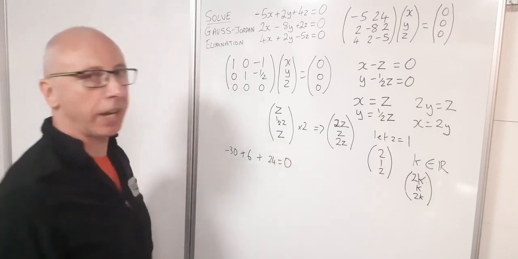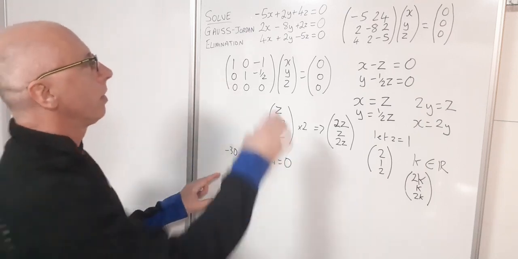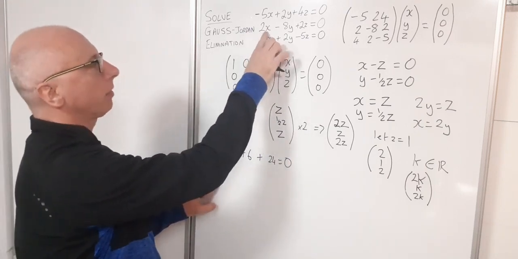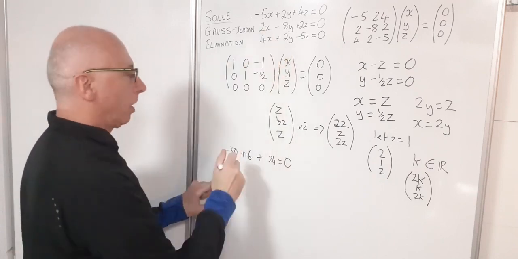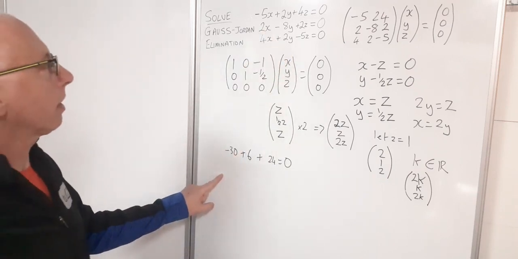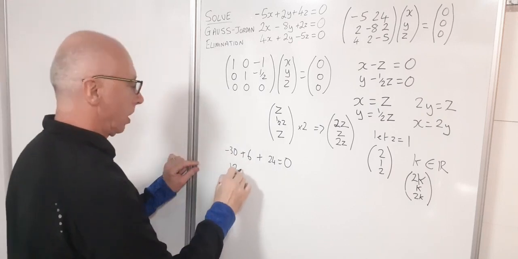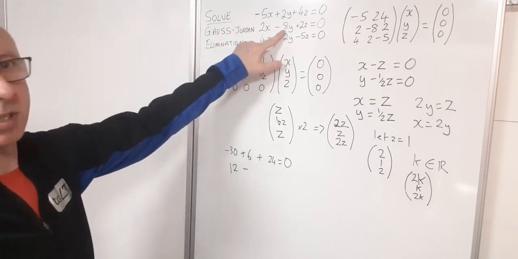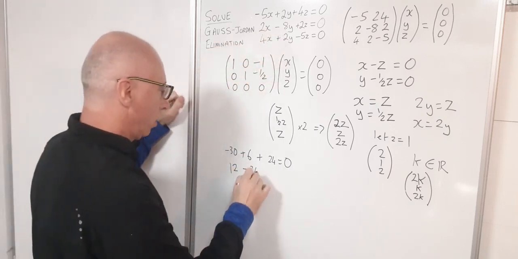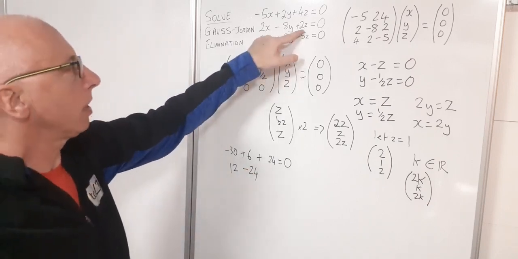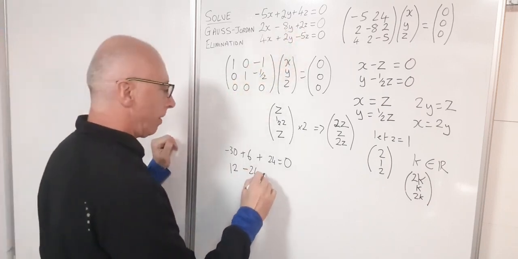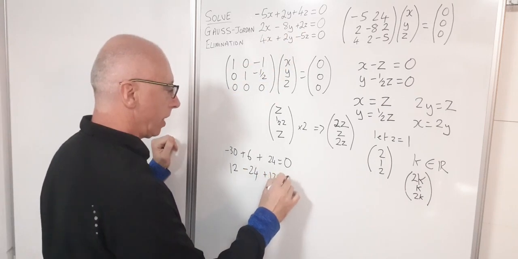And hey presto, that equals 0. So for this one, I'm going to use 6 for x. So if x is 6, I've got 12. If x is 6, then y is 3, so that's minus 24. And again, z would be 6, so I would have to add 12 again. So that would then equal 0.